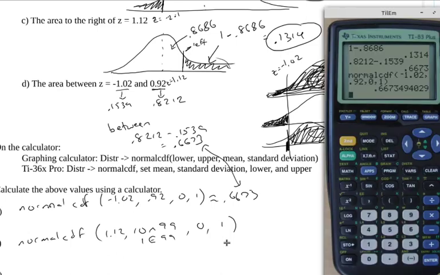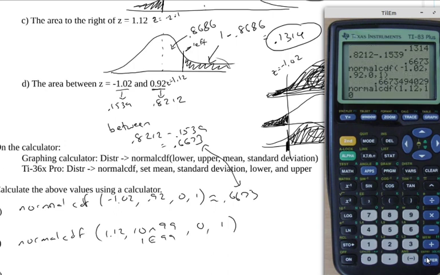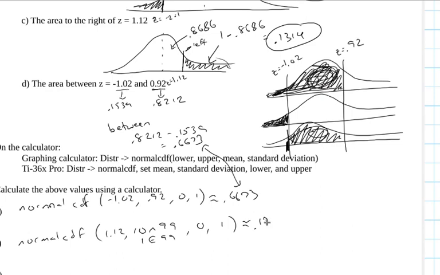So we'll do normal CDF, 1.12, comma, 10 to the 99th, comma, 0, comma, 1. Hit enter, and we get a probability of approximately 0.1314. And you can see those match up.